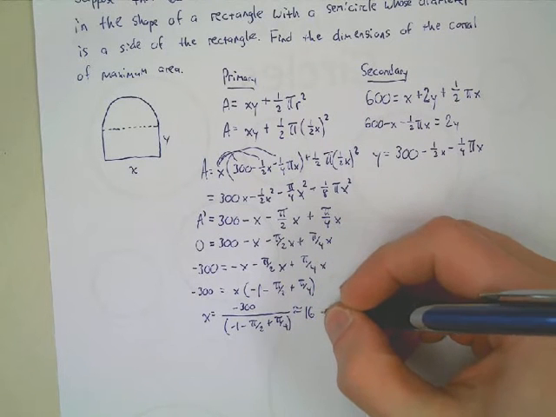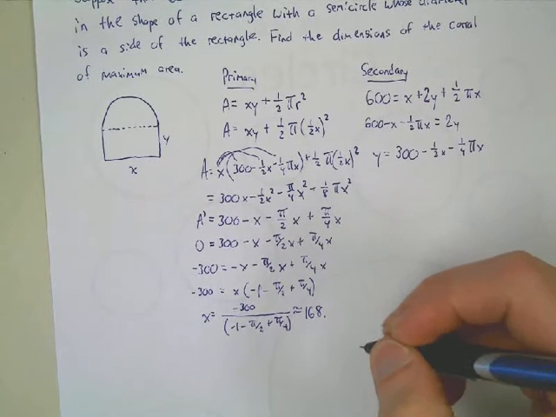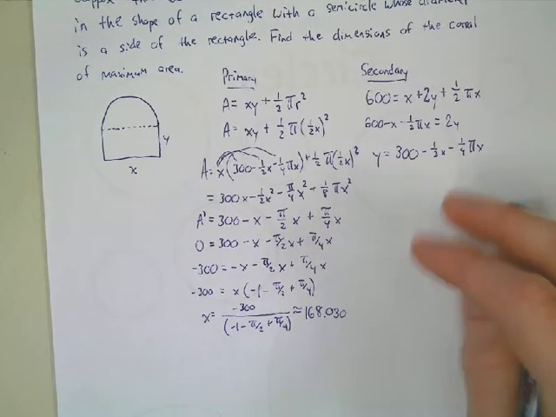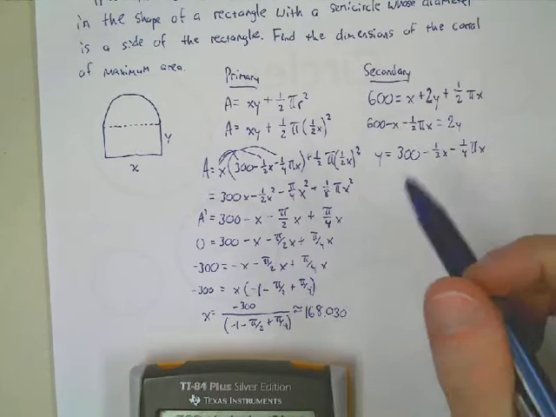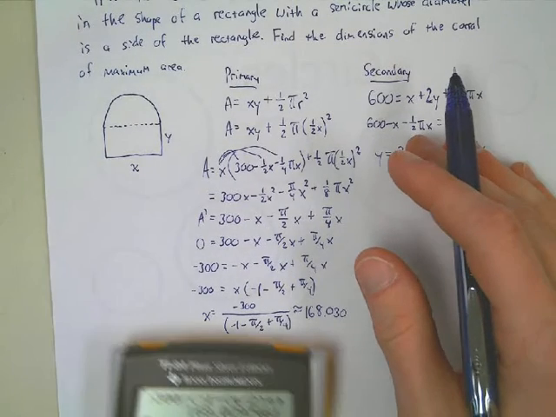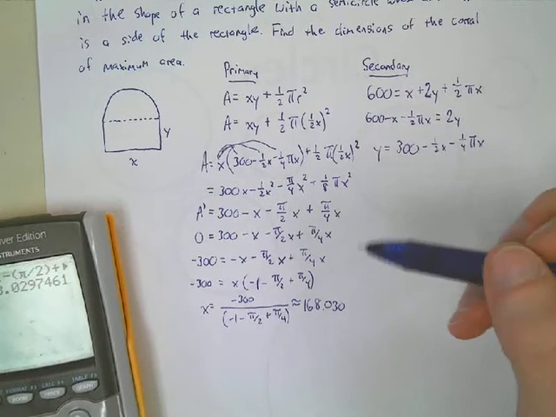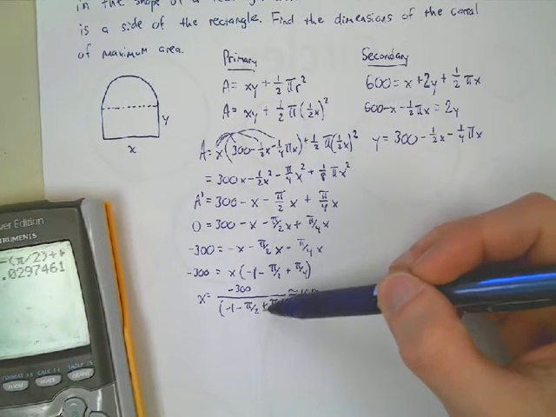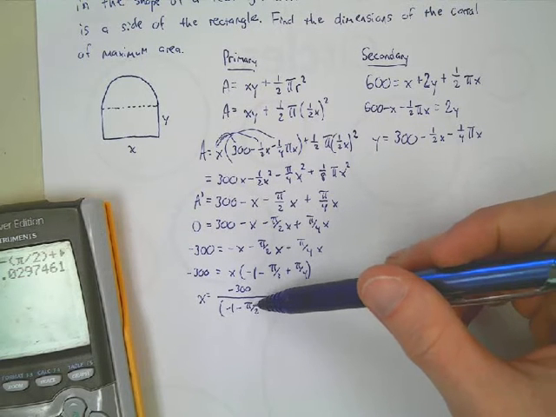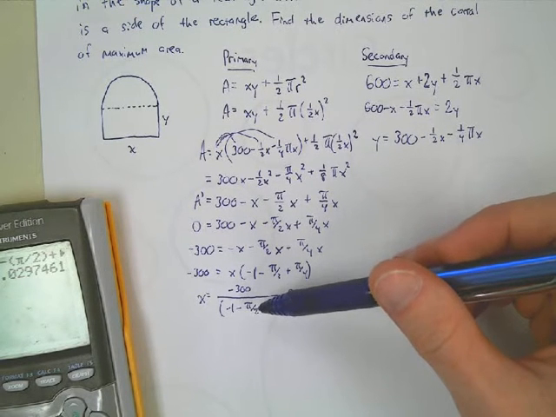Is it the same if we actually use 3.14? It would not be exactly the same, no, because the pi button on the calculator is more accurate than 3.14.